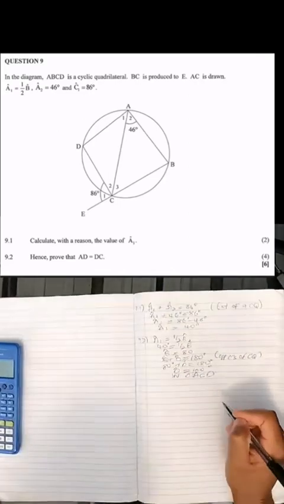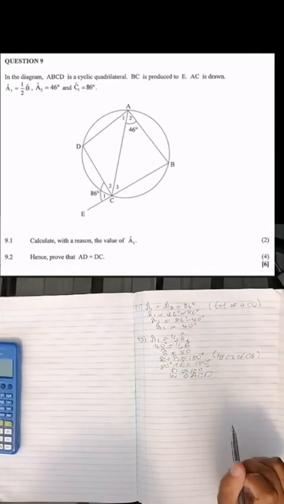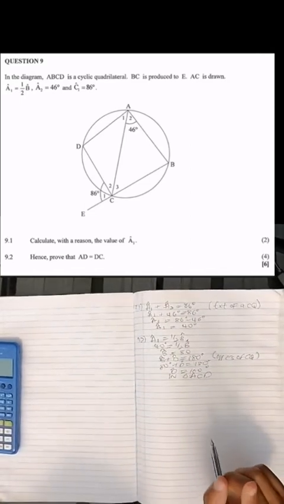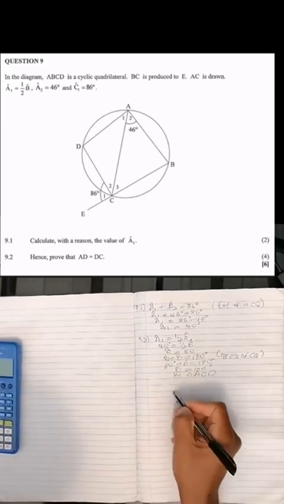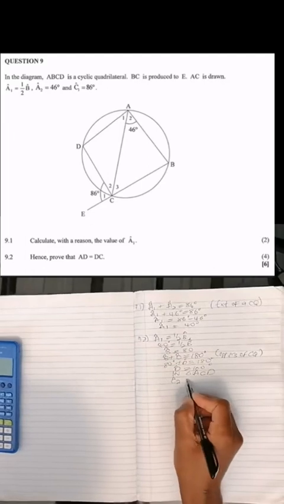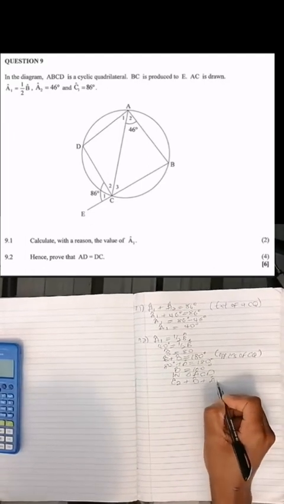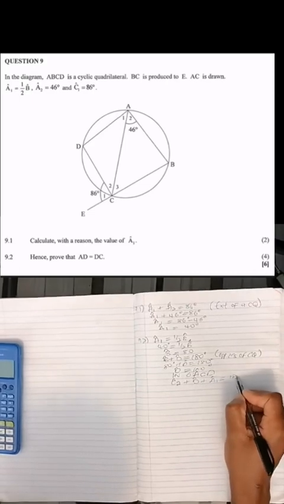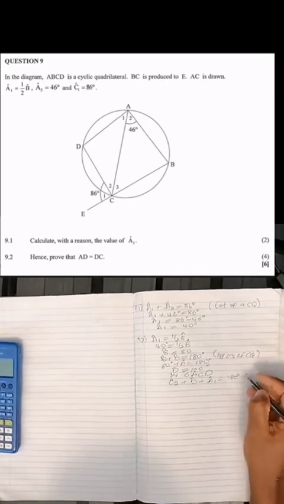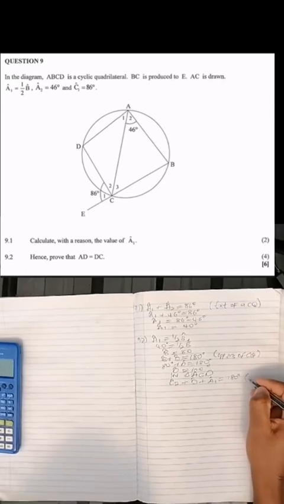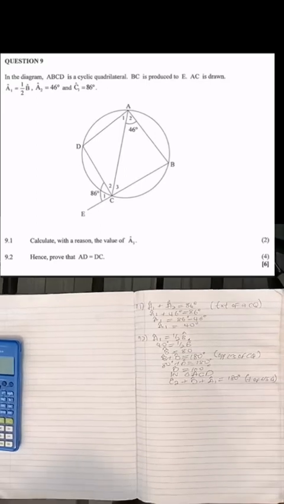Since we'll be working in triangle ACD, we need to find angle C2, because we already found angle A1 and angle D. So we're going to say angle C2 plus angle D plus angle A1 is equal to 180 degrees. Why do we say it's equal to 180 degrees? Because it is the sum of angles in a triangle, right?